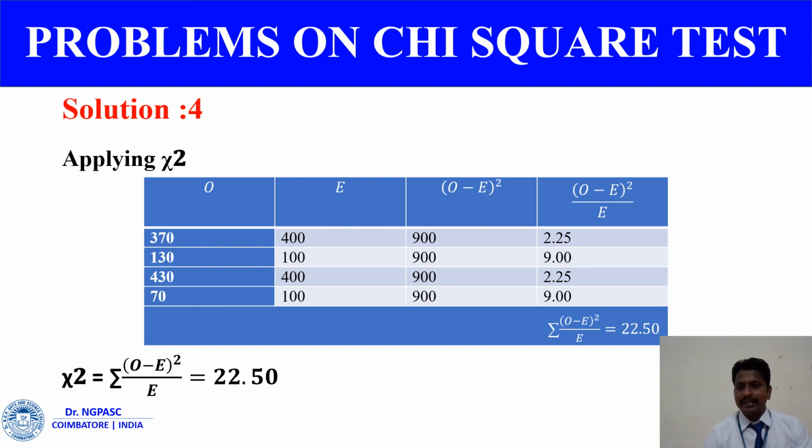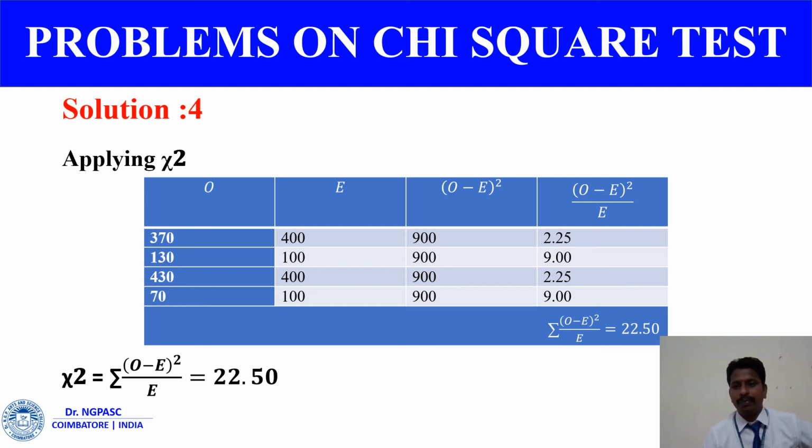Observed frequency minus expected frequency whole square. 370 minus 400 equal to minus 30, minus 30 whole square 900. 130 minus 100 equal to 30, 30 whole square 900. 430 minus 400 equal to 30, 30 whole square 900. 70 minus 100 equal to minus 30, minus 30 whole square 900.